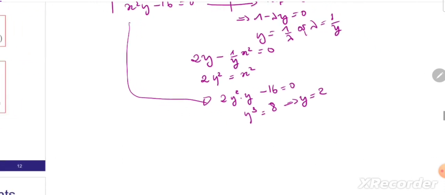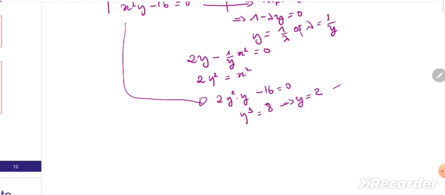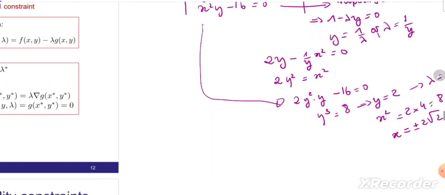Now that I've got the value of y, I know that lambda is equal to 1 over 2, which is actually not very meaningful for the moment, and that x squared is equal to 2 times y squared, 2 times 4, is equal to 8. So x is equal to plus or minus the square root of 8, which is 2 square root of 2.